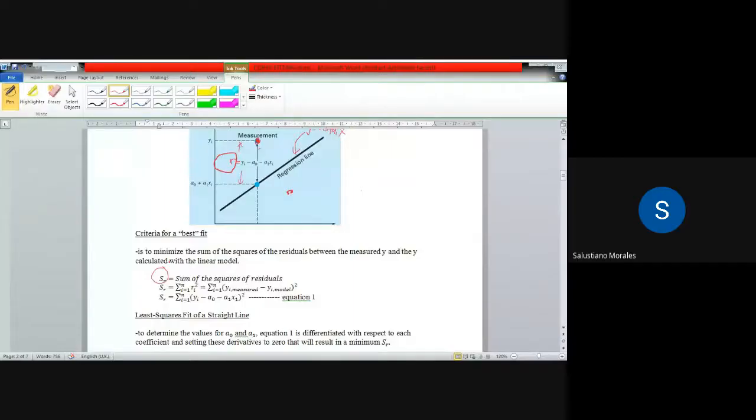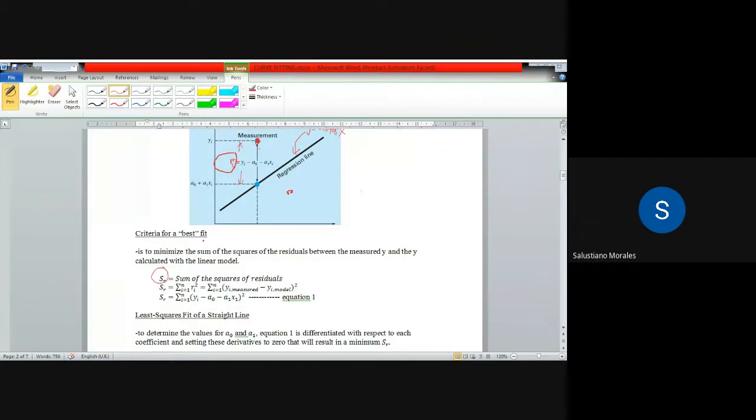And the formula to determine this should be equal to the summation of R sub i. So usually ang R natin dito is R sub i dito sa figure. So summation of R sub i squared, where i starts from 1 up to n.